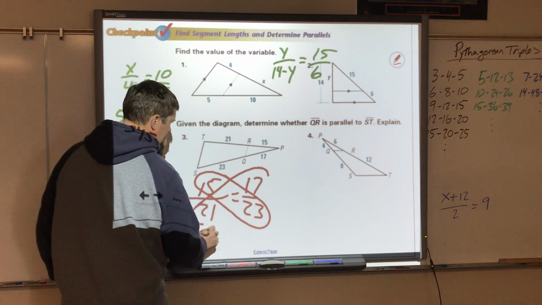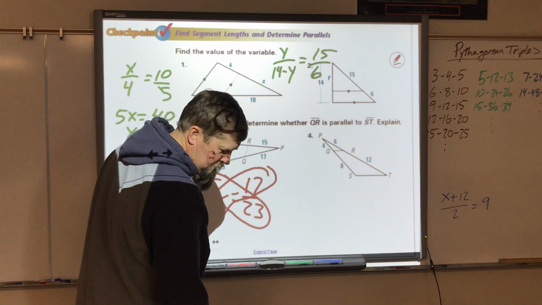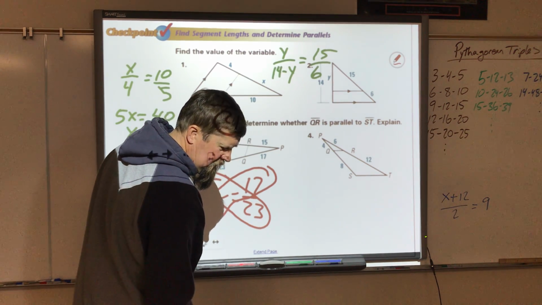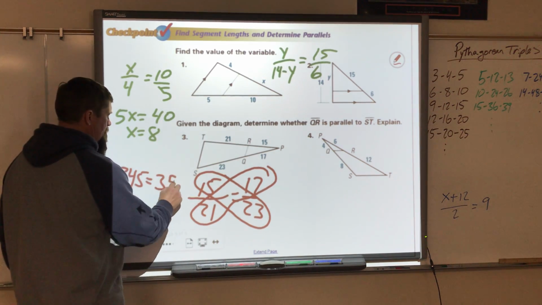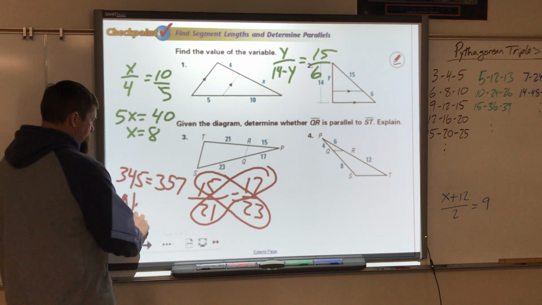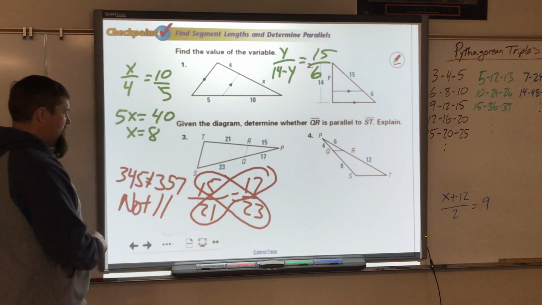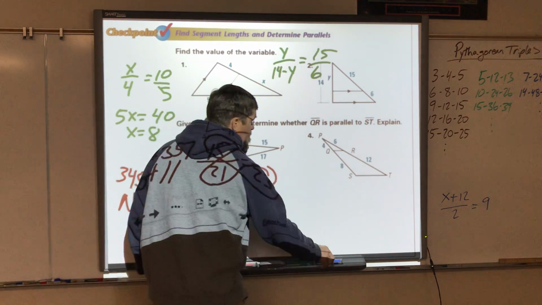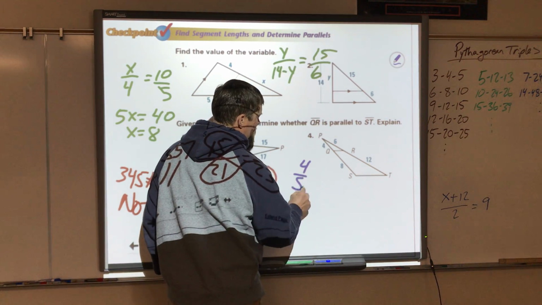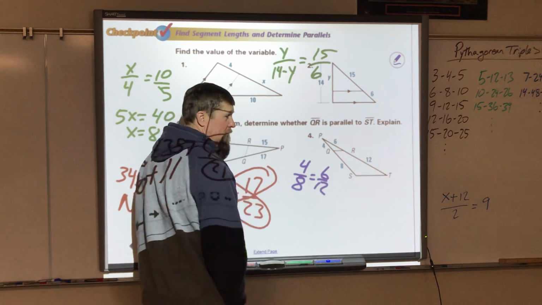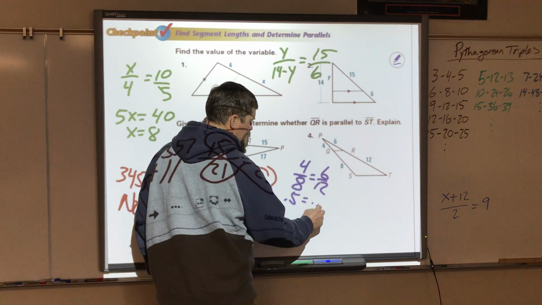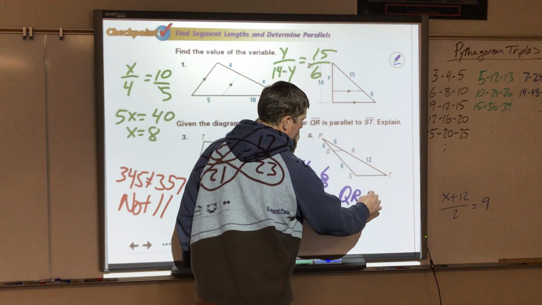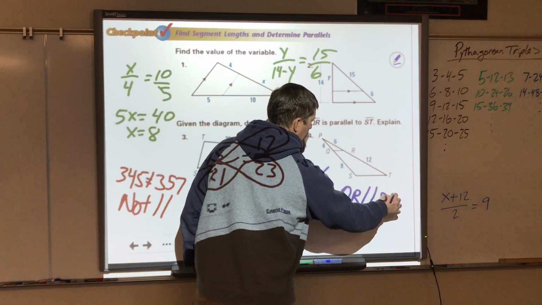Then I take 17 times 21, I get 357. So these are not parallel, because those two numbers are not the same. Okay, let's set this one up. Is 4 over 8 equal to 6 over 12? Of course it is, because they're both 0.5. So they are parallel. QR is parallel to ST.